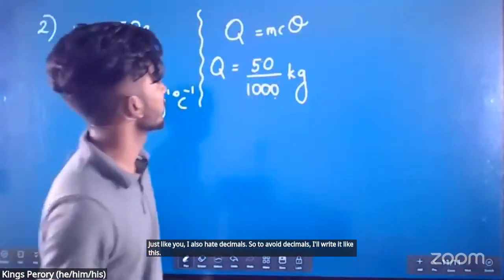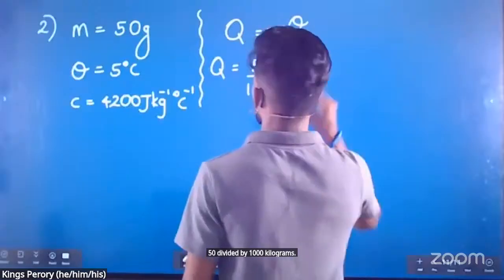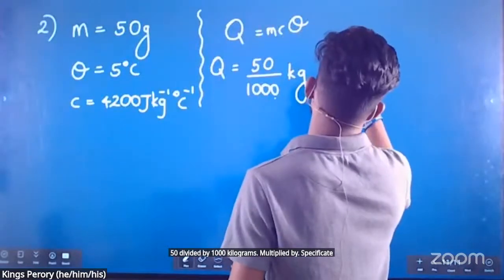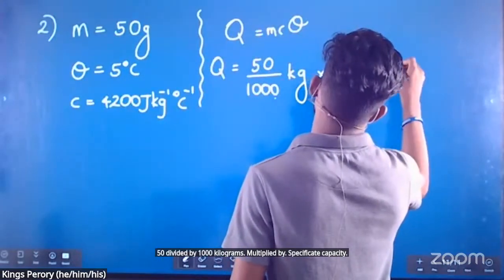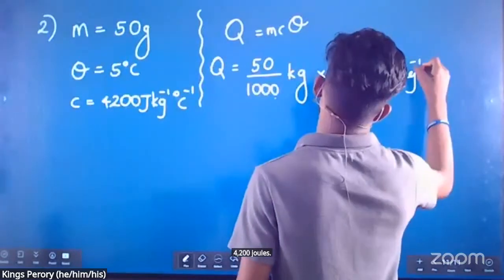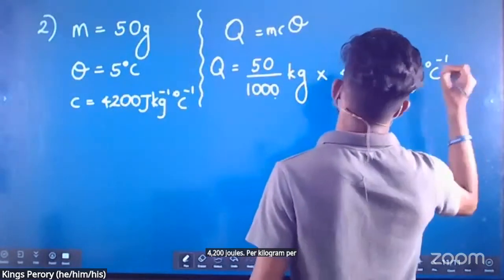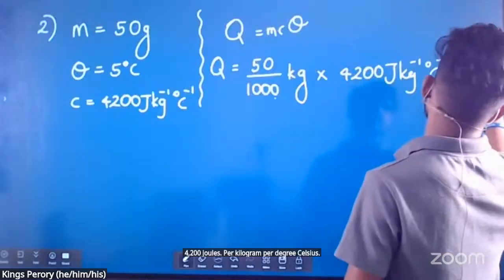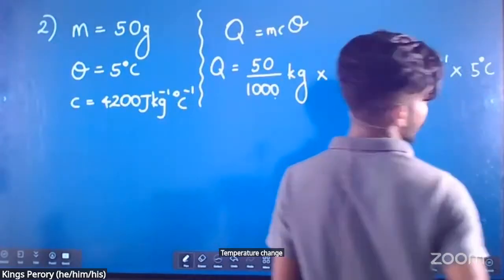50 divided by 1000 kilograms multiplied by specific heat capacity 4200 joules per kilogram per degree Celsius. Temperature change 5 degrees Celsius.